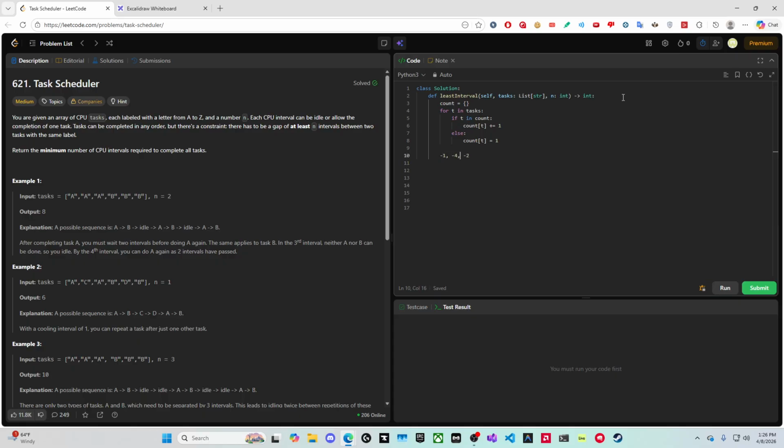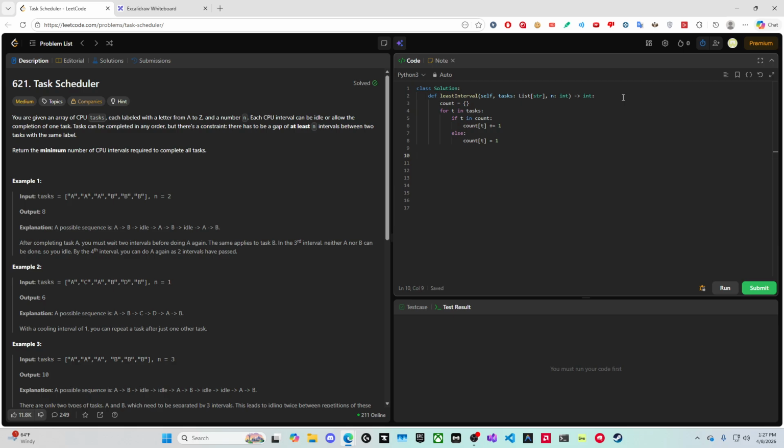So that way when we pop, the min heap will pull out the values that are biggest, right? So this is how you simulate a max heap in Python using a min heap. You just set all the values to a negative value, and it'll basically act as a max heap.